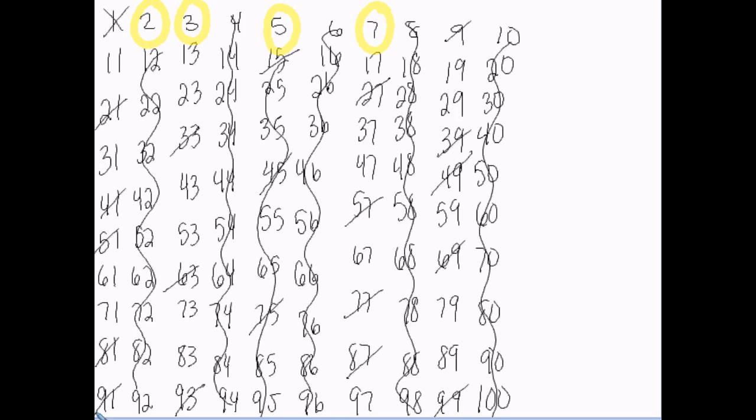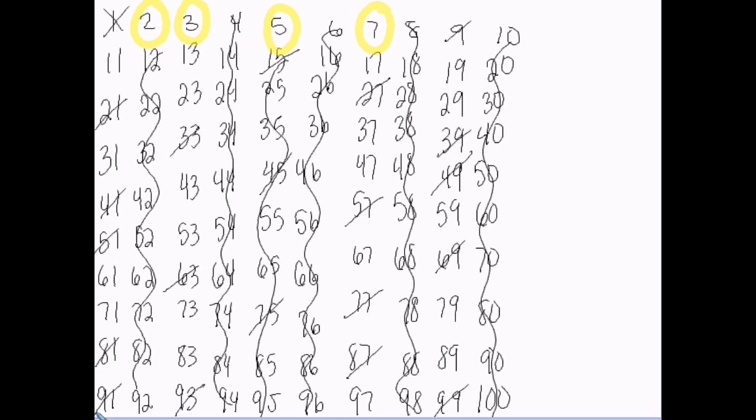Once you take out all of the multiples of up to 7, if you're only going up to 100, everything else is already taken care of. There are no more multiples of anything on this chart. Because if we go to the next prime, which is 11, we'd have 22, 33, 44, 55, 66, 77, 88, 99, already gone.